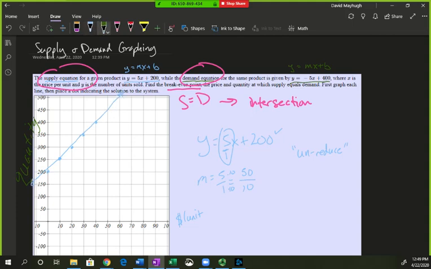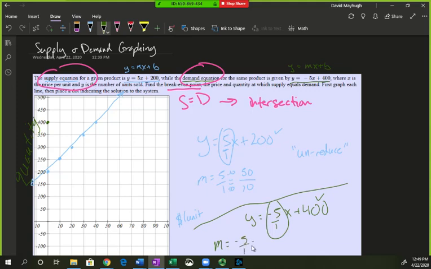Same concept and same strategy for demand. I can plot my y-intercept pretty easily. Boom, right there. This slope is really like negative 5 over 1. Once again, that's going to be really hard to show on this graph.